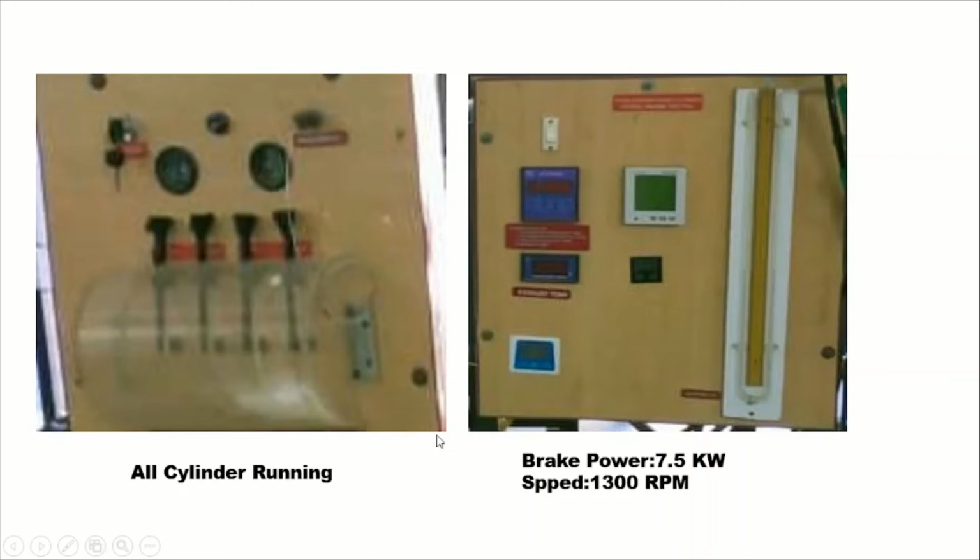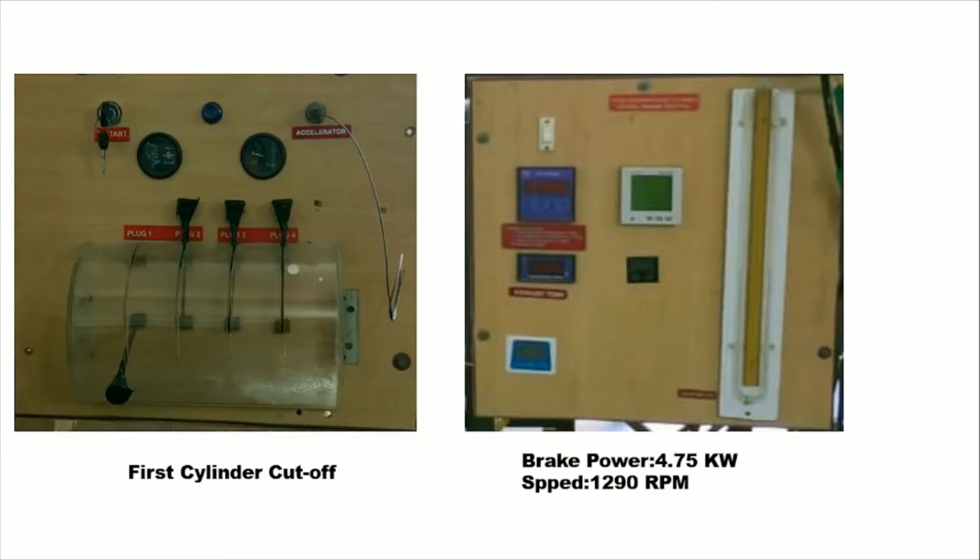Here, when all cylinders are running, we observe the brake power is 7.5 kilowatt and the speed is 1300 rpm. When the first cylinder is cut off, we observe the brake power is 4.75 kilowatt and speed is 1290 rpm. When the first cylinder is cut off, the speed is reduced. To maintain the constant speed, we operate the accelerator to obtain the previous speed.